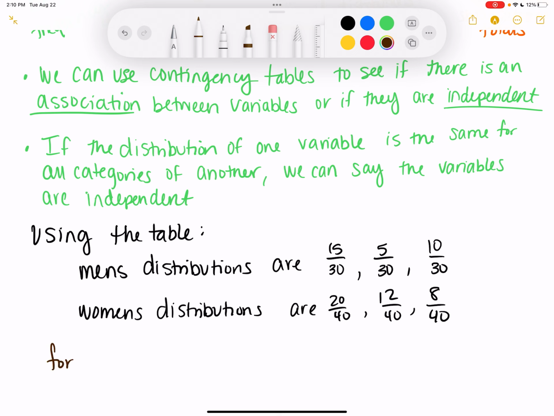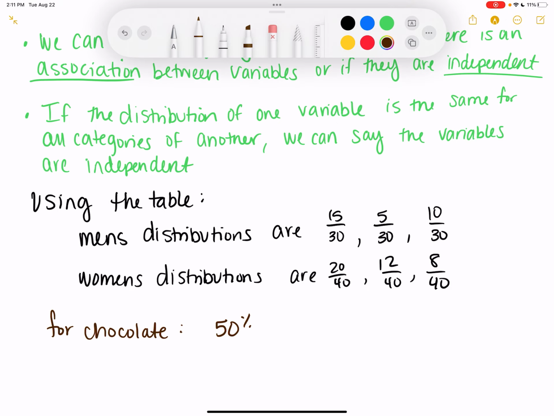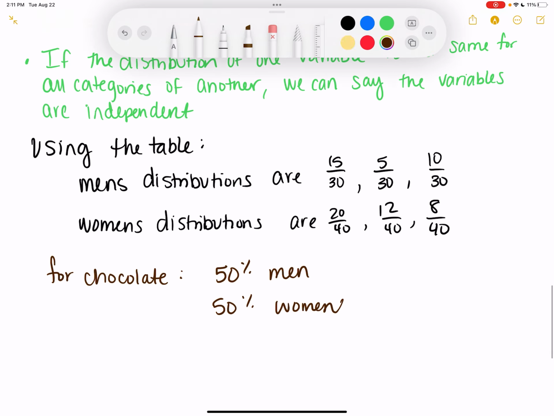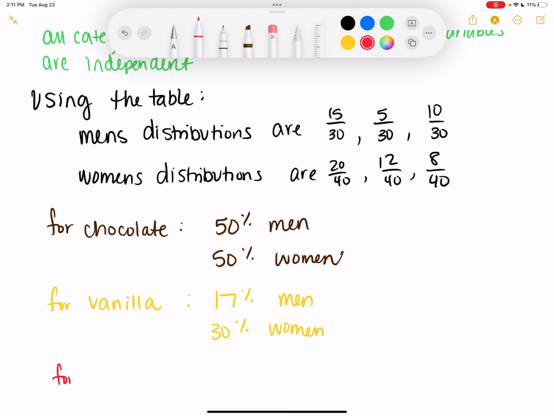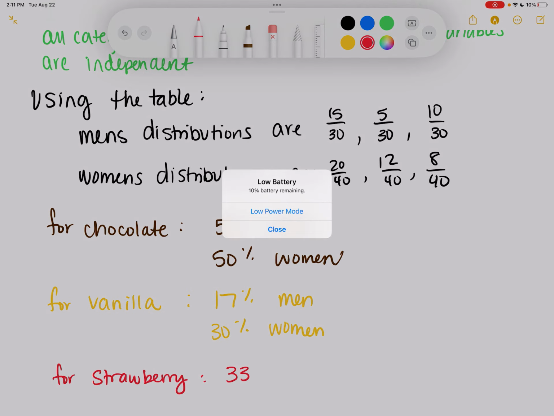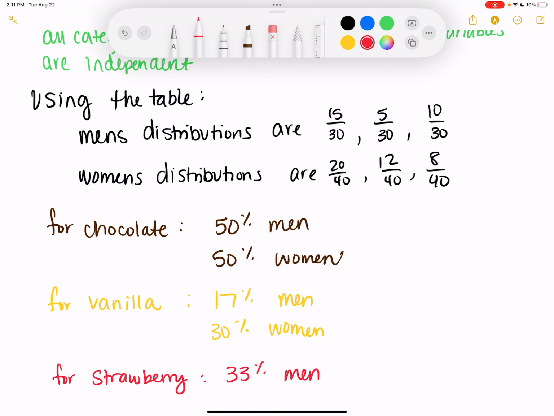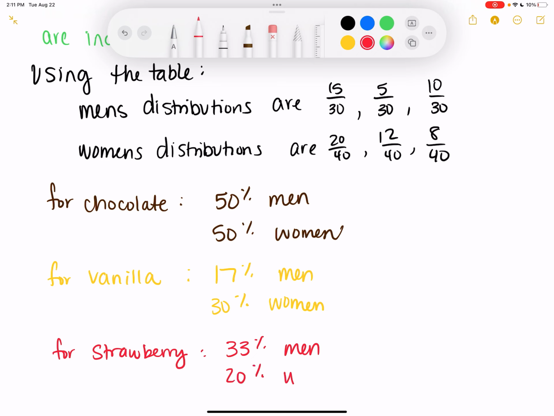So for chocolate, 50% for men and 50% for women. For vanilla, 17% for men and 30% for women. And for strawberry, it is 33% for men and 20% for women.